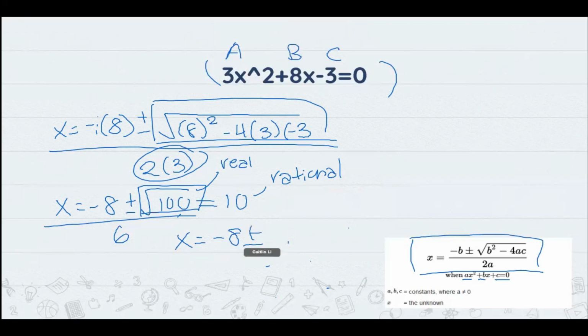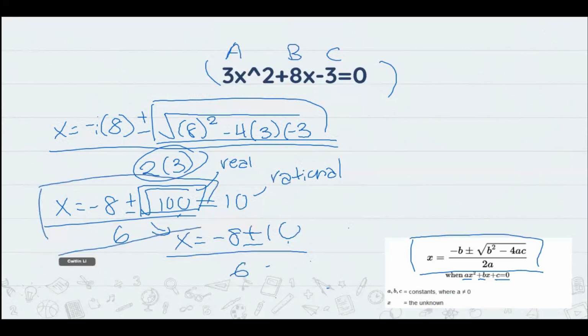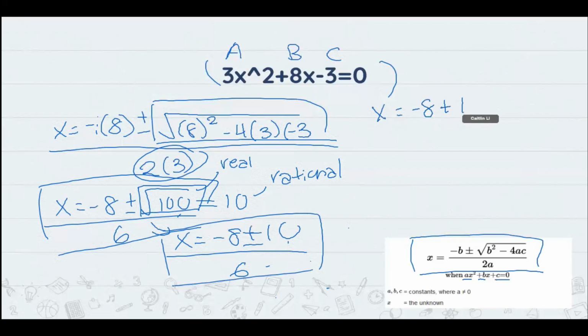Well, first, before we skip any steps, it would initially turn from this to this, and now I'm just going to use this space up here, and now we separate this, so it would look like x equals minus 8 plus 10 over 6, and this would give us 2 over 6, but it can be simplified by dividing 2 on both the numerator and denominator to be 1/3.